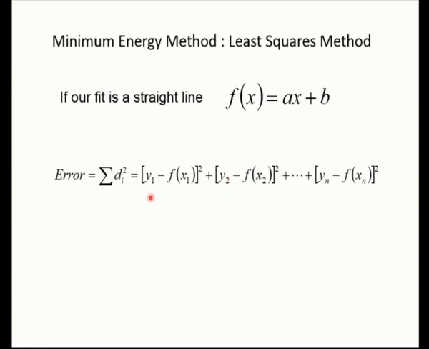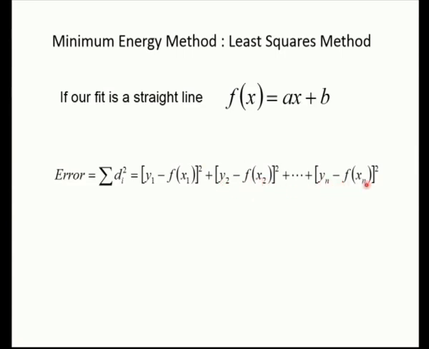In fact, we are going to consider the square of the distances and the sum of all the squares of the distances. That is why it is called the least square method. So, the sum of squares of such distances will be, for the first point, y1 minus f of x1 whole squared. For the second point it is y2 minus f of x2 whole squared.